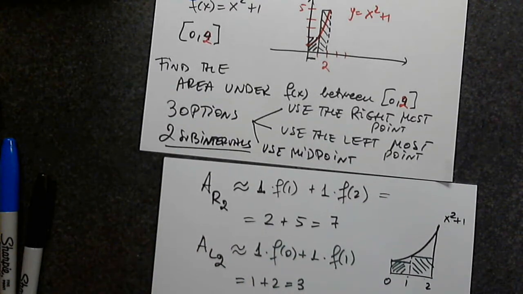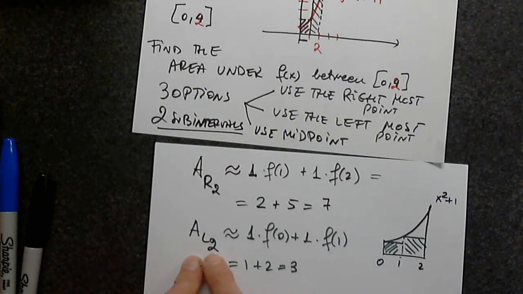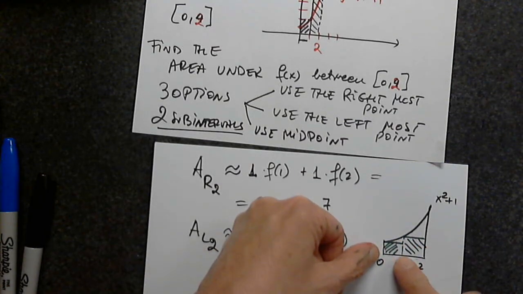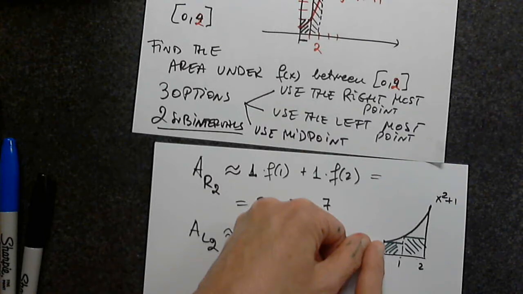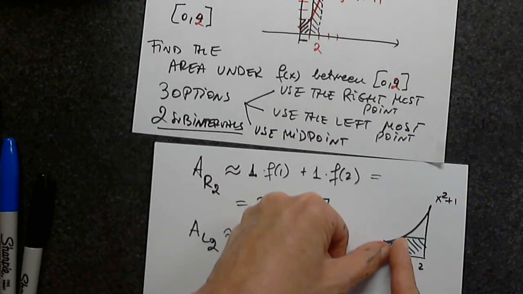Okay, the next one. This time I want to approximate the area, still with 2 subintervals, but using the leftmost point. Between 0 and 1, the height is at 0. Between 1 and 2, the height is at 1.